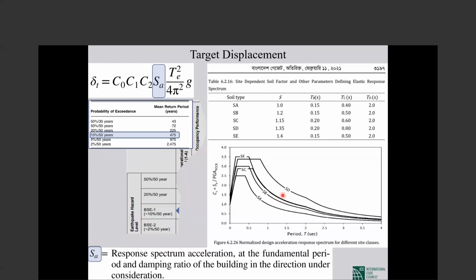Then if you divide the acceleration by omega squared, it gives you a good estimation of the displacement. If you divide by omega, you get a good estimation of velocity.